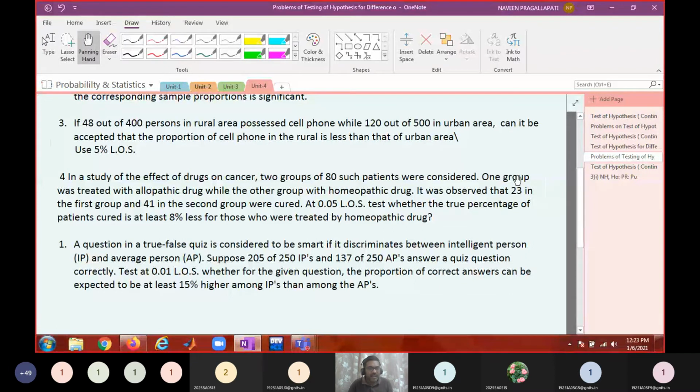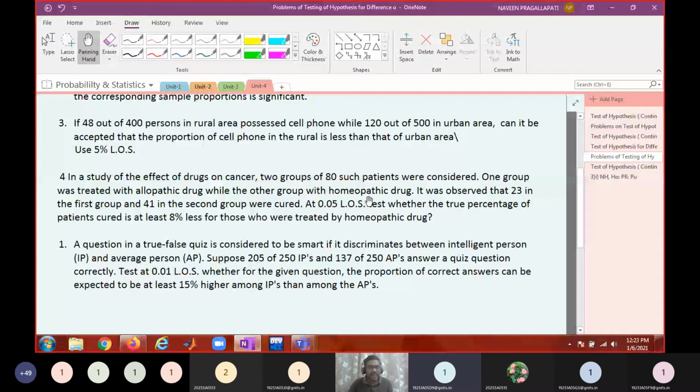First one is allopathic, other is homeopathic. In allopathy, 23/80. In homeopathy, 41/80 cured. Which one shows better performance?